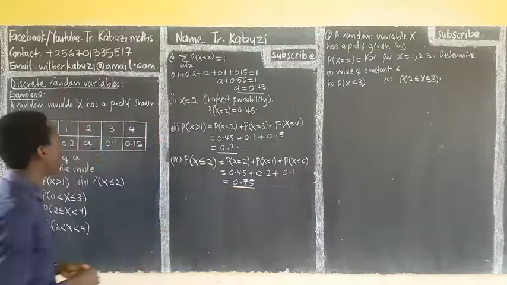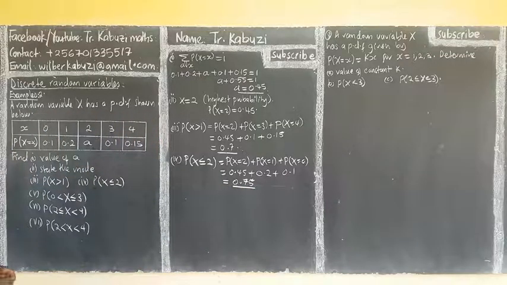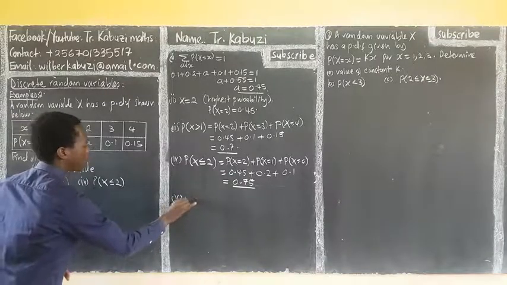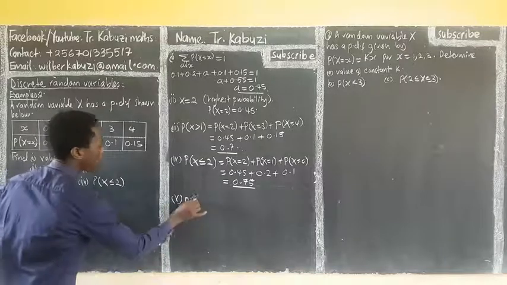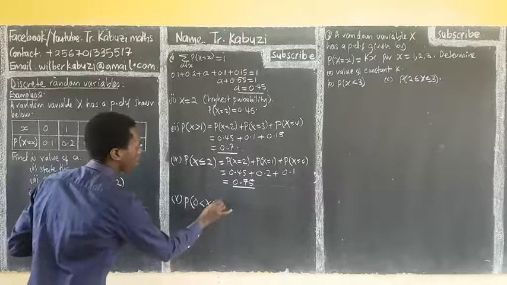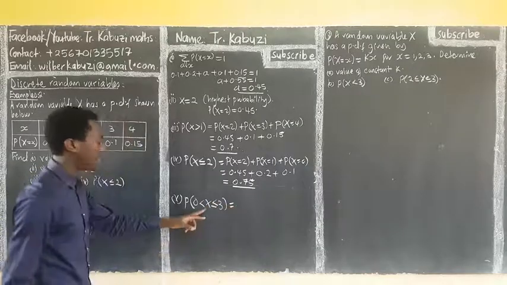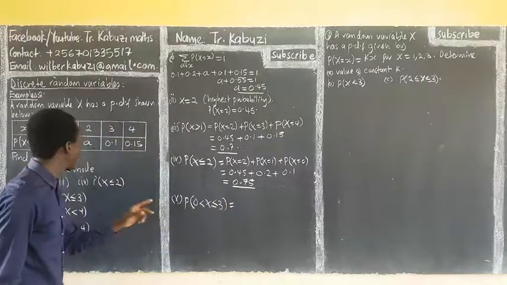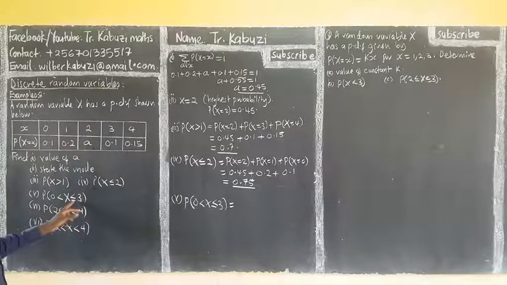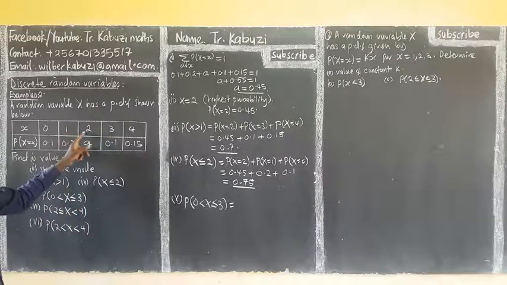As simple as that. So now, when I come to Roman numeral 5, the one that's got the probability of X above 0 but less or equal to 3. Now you see, this means X above 0. Above 0 we have 1, 2, and 3. But it's less or equal to 3. So we're going to take this, and this.